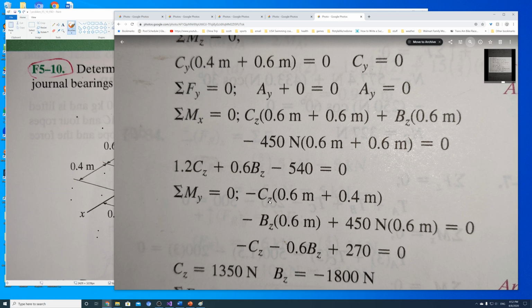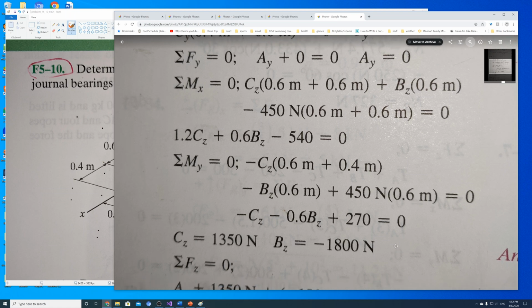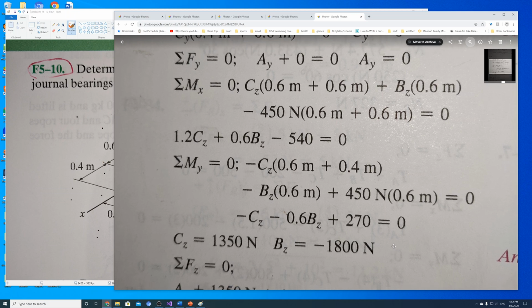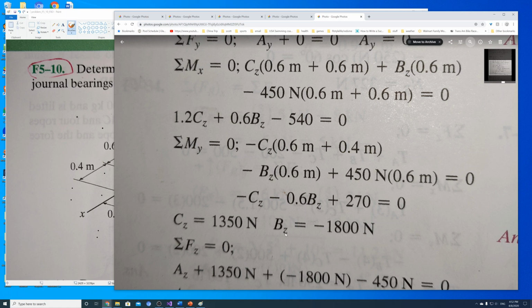Okay, so when we look at those, what we're going to see is this one's negative, the BZ is negative, and this one's positive. So if we write that out, we have negative CZ minus 0.6 BZ plus 270 equals 0. Okay, so now I have my two equations, two unknowns, and we can use that to go and solve for these individual ones.